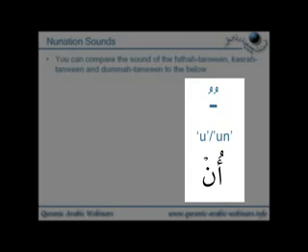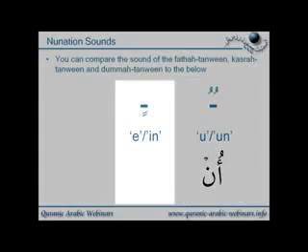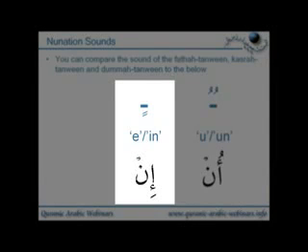So it's like writing a hamza with a single dhamma giving the U sound and the noon sakin afterwards, so it gives Un. With the kasratain, it's the equivalent of the hamza with the kasra and then the noon sakin, so in.